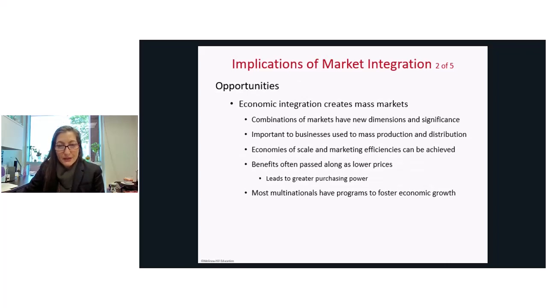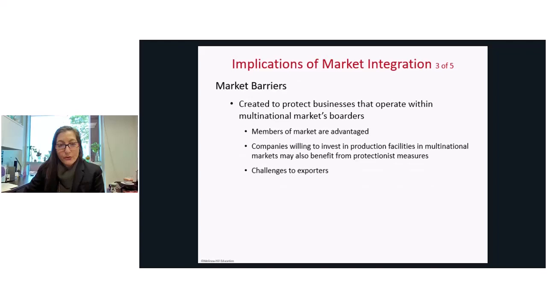Opportunities involve economies of scale, and marketing efficiencies can of course be achieved. The benefits derived may well be passed down to the consumer or the buyer, industrial buyers, as lower prices. And this leads to greater purchasing power. So most multinationals have programs to foster economic growth.